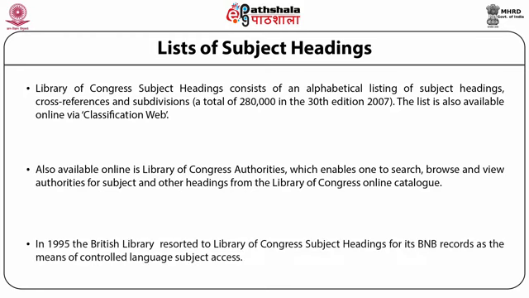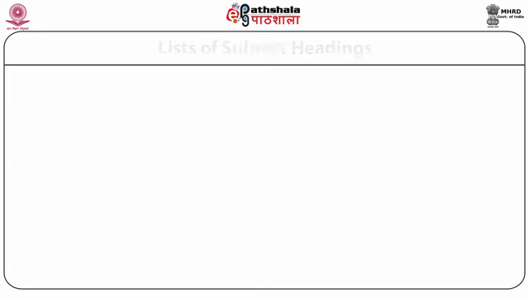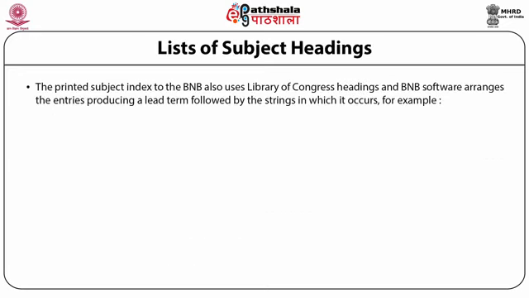In 1995, the British Library in the UK resorted to Library of Congress subject headings for its BNB records as a means of controlled language subject access. The printed subject index to the BNB also uses Library of Congress headings, and the BNB software arranges entries producing a lead term followed by the string in which it occurs.